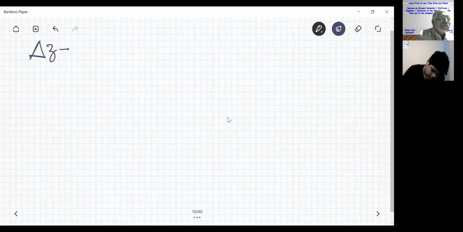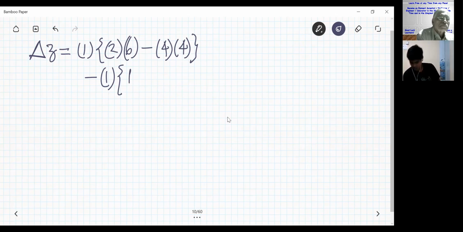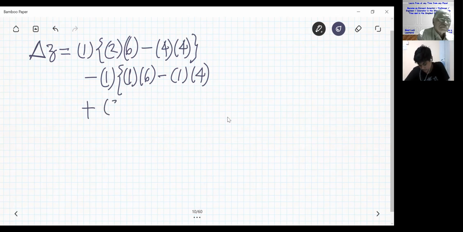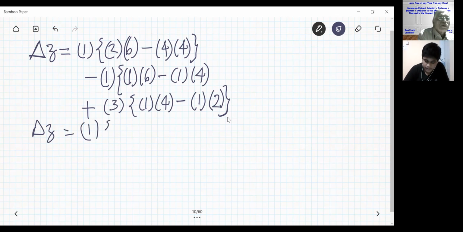Delta Z is equal to 1 into 2 6 are 12 minus 16.